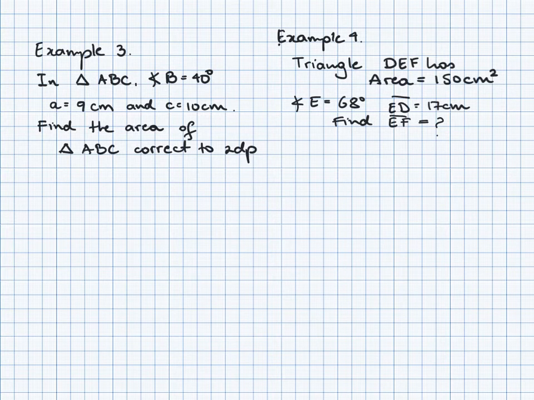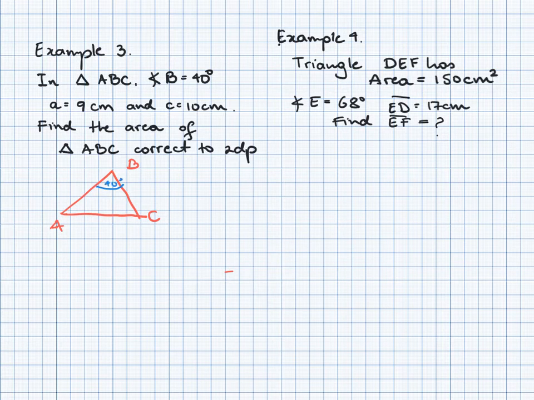So the first thing would be to draw the diagram of the triangle, and you can label it how you want. So if it's A here, B, C, we just have to be careful that angle B here is 40. So that is this one here, 40.